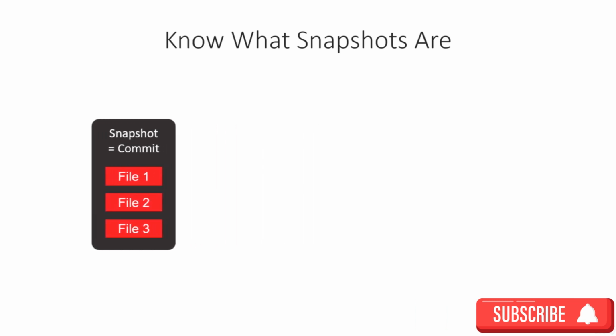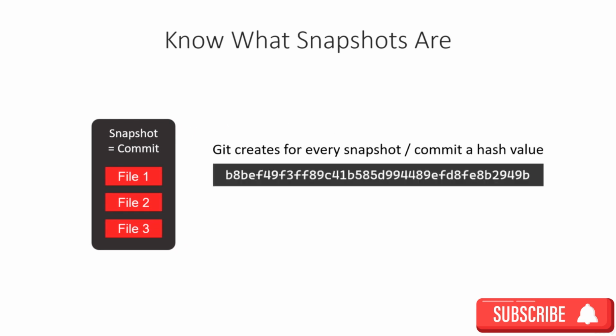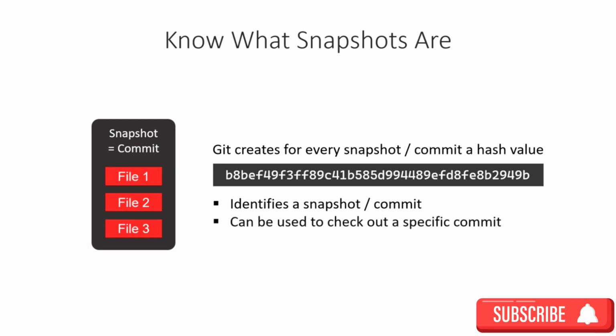Now, important to know is that Git creates for every snapshot, respectively for every commit, a hash value. That hash value is a 40 characters long string that looks similar like this one. Such a hash value identifies a snapshot, respectively a commit. This means that the hash value can be used to check out a specific commit from your repository.